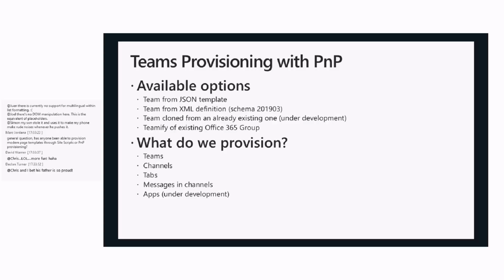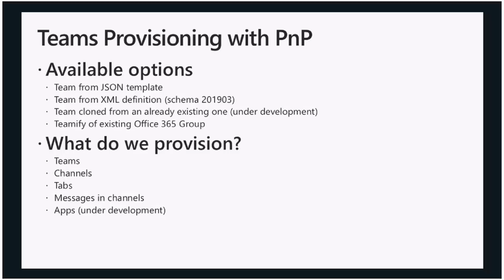So you can create one or more site collections in SharePoint Online within a unique hub site, for example. And you can, at the same time, within the same provisioning context, create a team and maybe show the content or some of the content coming out from those SharePoint Online sites into any of the team tabs that you have in the team that you are going to provision.